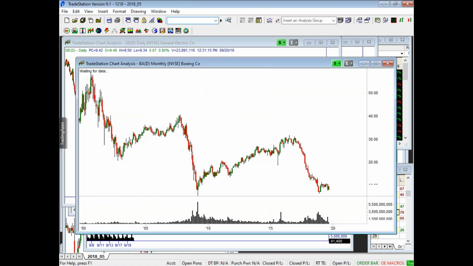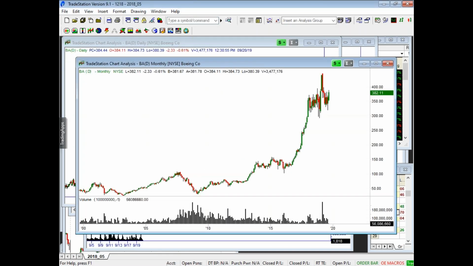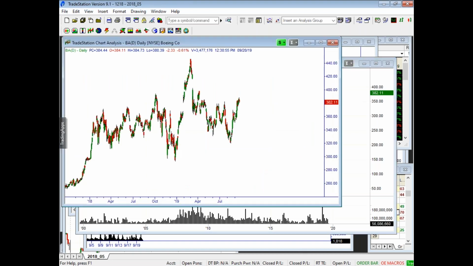Boeing. Boeing is pretty extended here on the monthly. I do worry that Boeing is going to start to have the potential for some really rapid flushes on the downside.